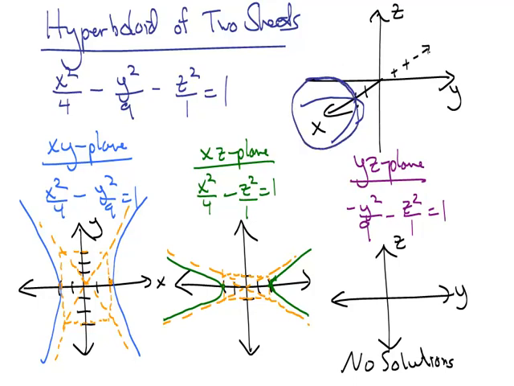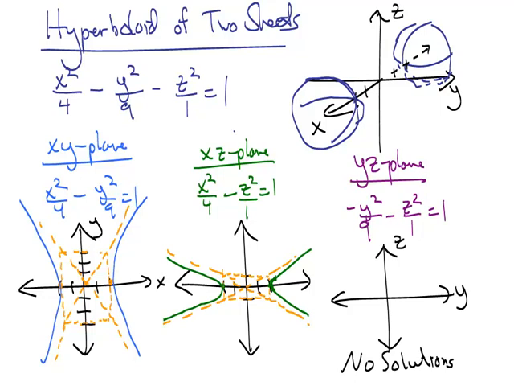Basically you got a couple of half balls kind of opening up in opposite directions. Hyperboloid of two sheets. Again, I know you've seen it in your books, you have a better idea of what's going on.